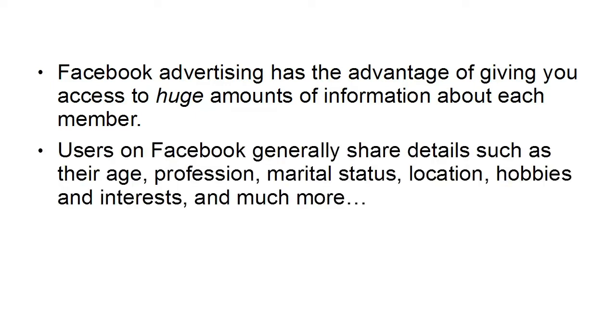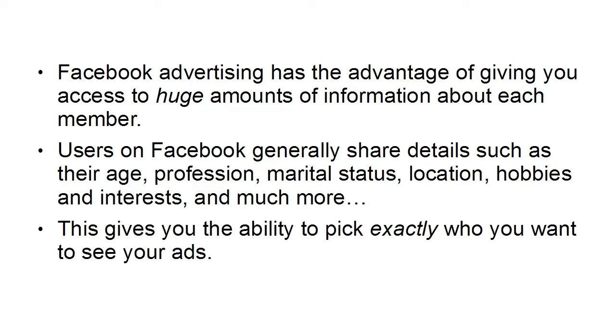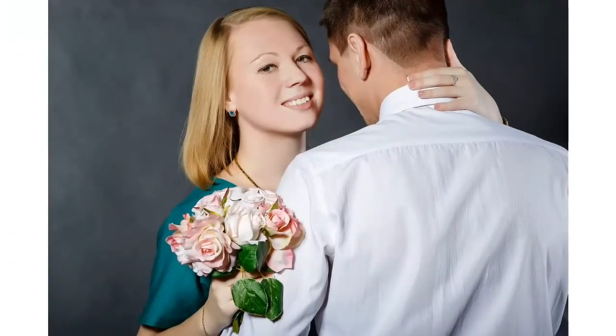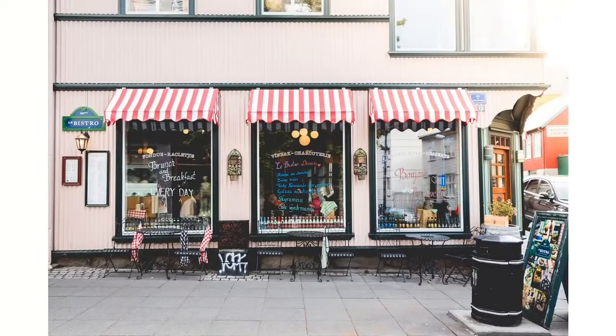And users on Facebook generally share details such as their age, their profession, their marital status, their location, hobbies, interests, and much, much more. And this gives you the ability to pick exactly who you want to see your ads. So, do you want your ads to be seen by inner city teenagers? Or would you rather they were seen by women based in the suburbs who are in a relationship? Or by local business people?